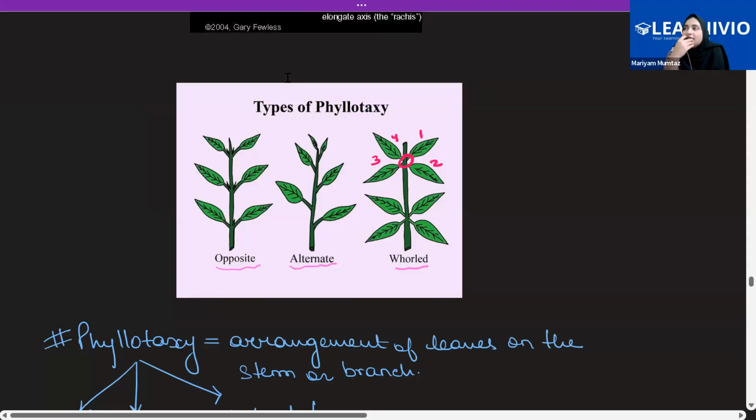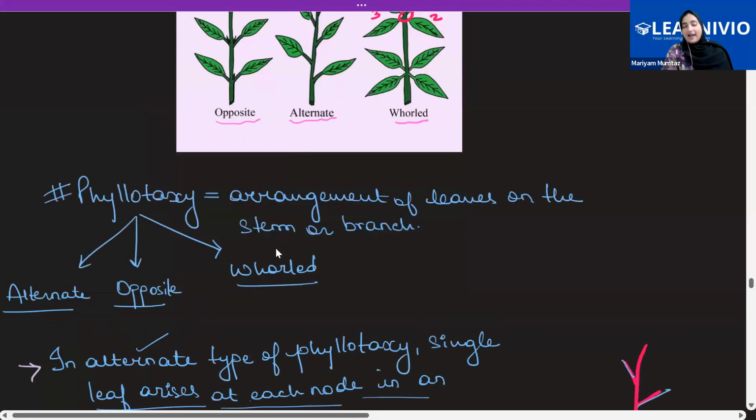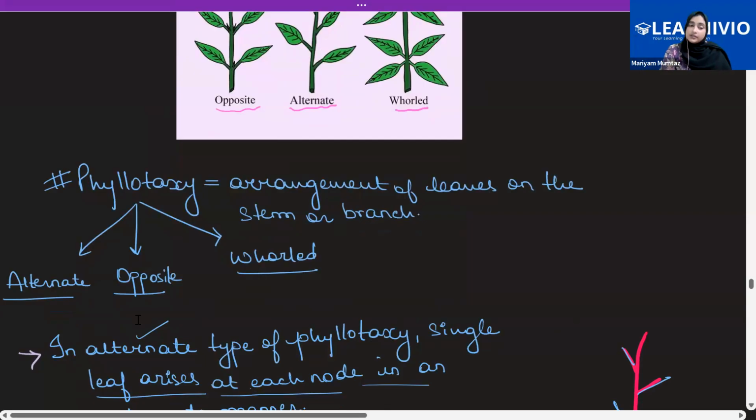We just look at plants and think, it's a nice flower, but imagine how many things there are that we don't even notice. Now that you have studied root, stem and leaves, the next time you see a plant, you will try to identify it. So phyllotaxy is of three types: alternate, opposite, and whorled.